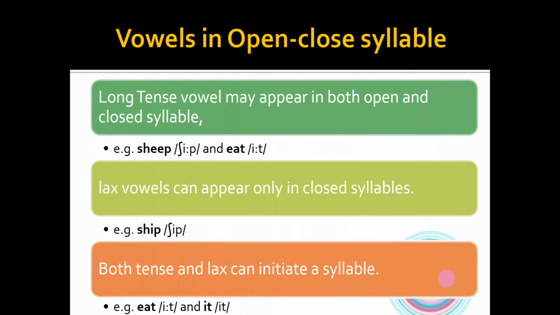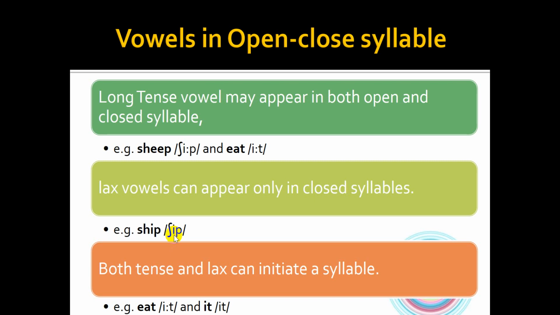Long tense vowels may appear in both open and closed syllables. So for example, in the words sheep and eat. Also she. Lax vowels can appear only in the closed syllable.